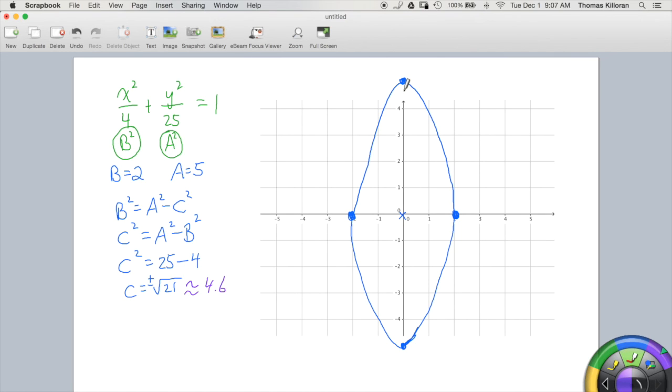So 4.6 is really close to the top here. The coordinate of this foci, I'll call him foci 1, is going to be, remember we're going up and down along the y-axis, 0, comma, square root of 21. And the other one is going to be way down here someplace. He's foci 2, and he's going to have a coordinate of 0, comma, negative square root of 21.